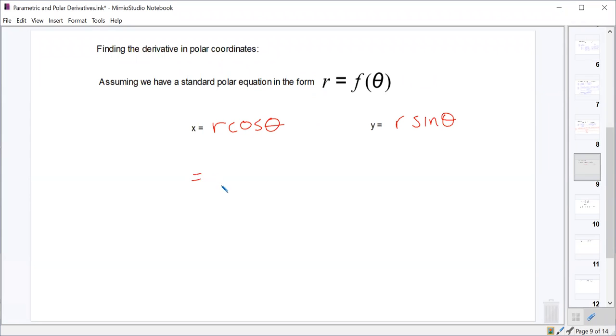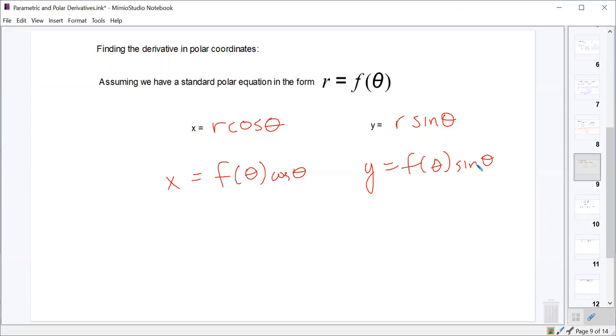And so if I had f of theta cosine theta for x, and for y I had f of theta sine of theta, don't these just look like two different equations that could be combined together as a parametric, all in terms of the parameter theta instead of the parameter t? Yeah, they look just like that.